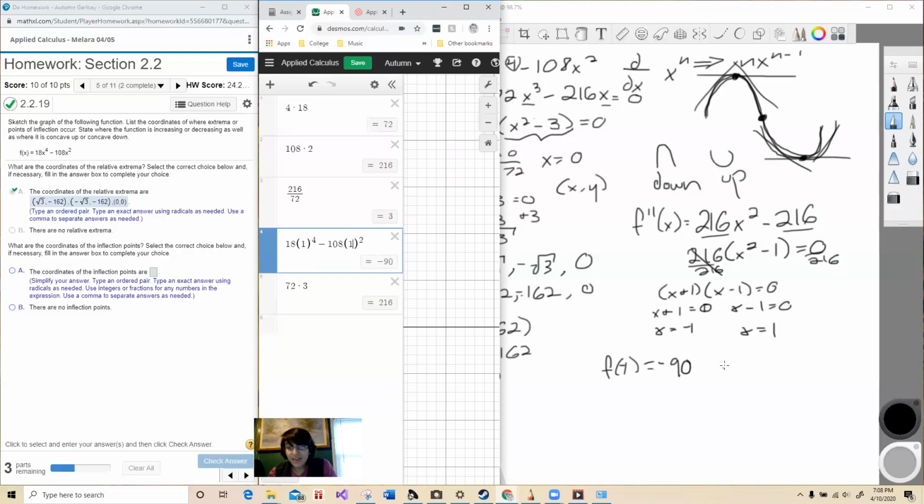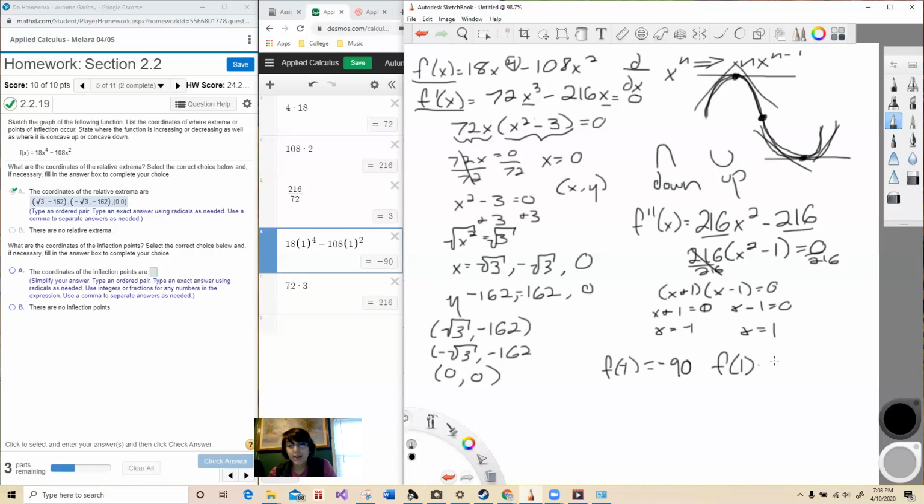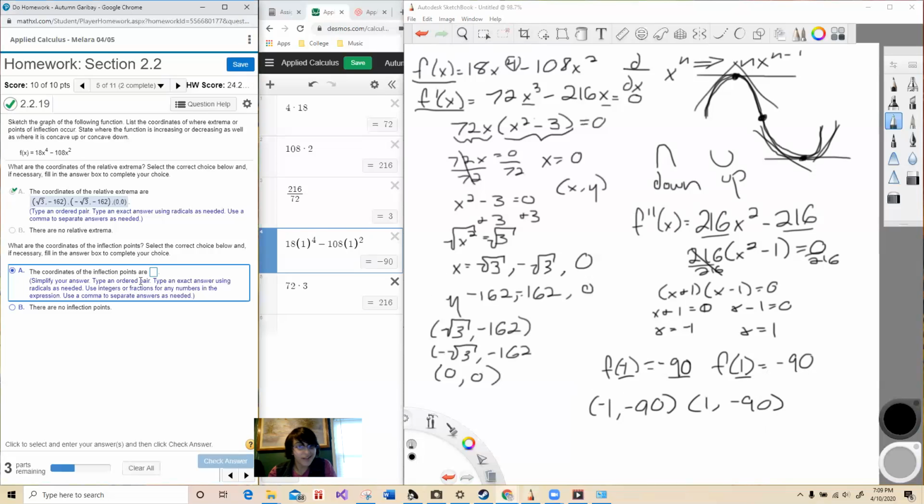Yep. So here we have two more ordered pairs. Let's write them out. So for -1, we get out -90. And when we put in +1, we get out -90. All right, let's put that in, see if it's right.